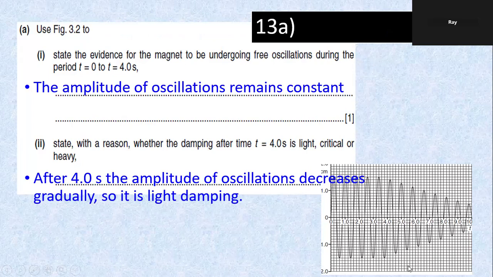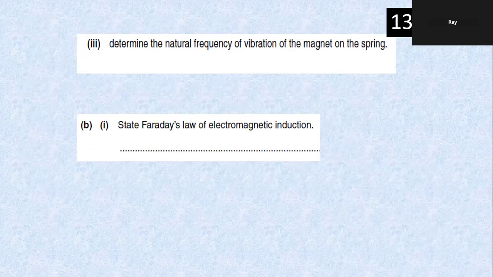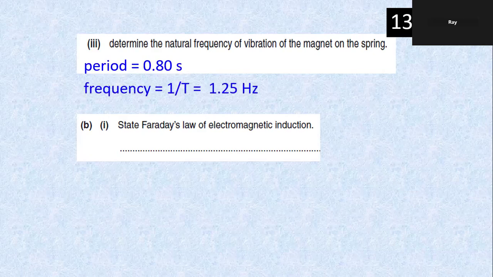By looking at the graph, what do you determine first? Determine the period first, okay? Then from there you get the natural frequency, 1/T is the frequency.